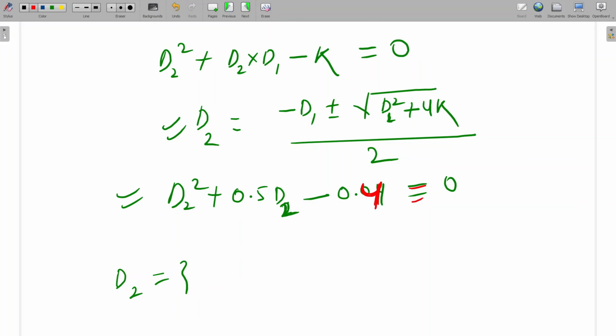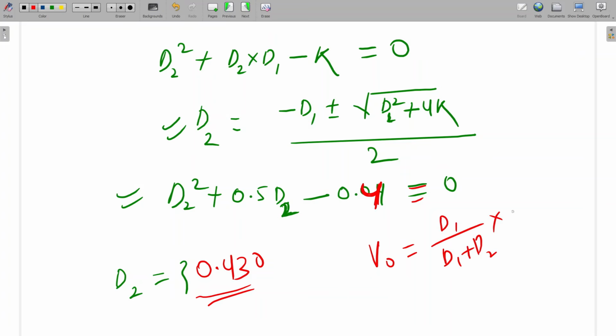0.43, sir. So d2 will be 0.43. So we can calculate V0. V0 is equal to D1 divided by D1 plus D2 into VS. D1 how much? 0.5.